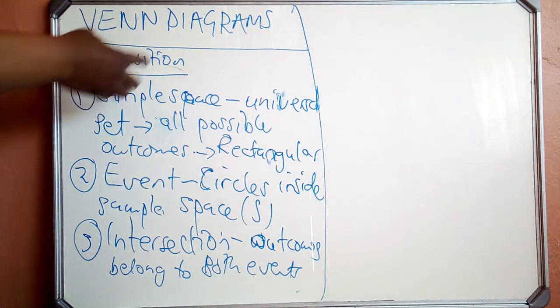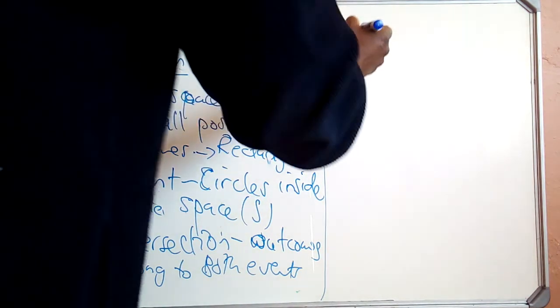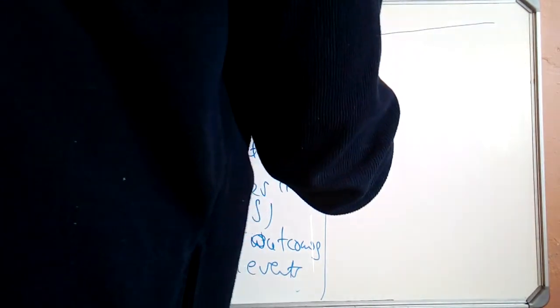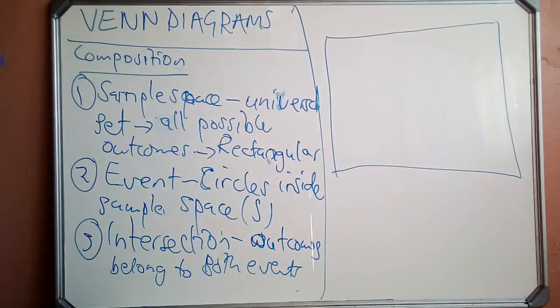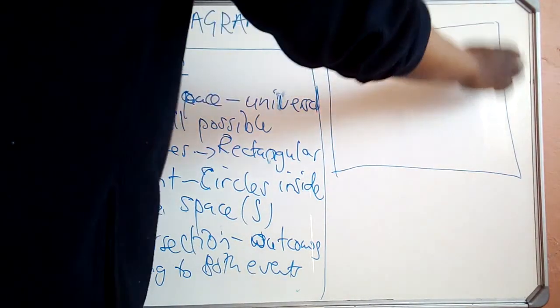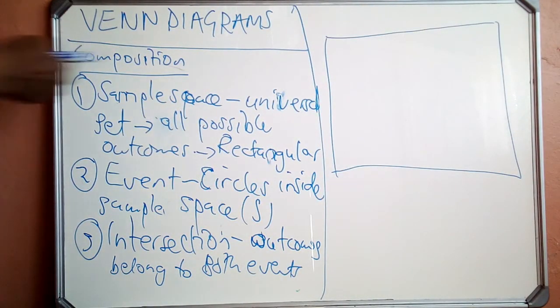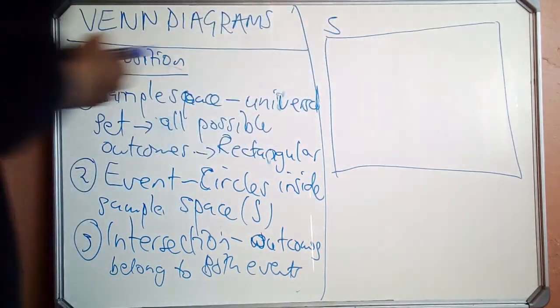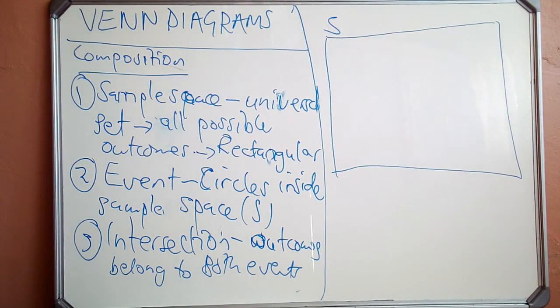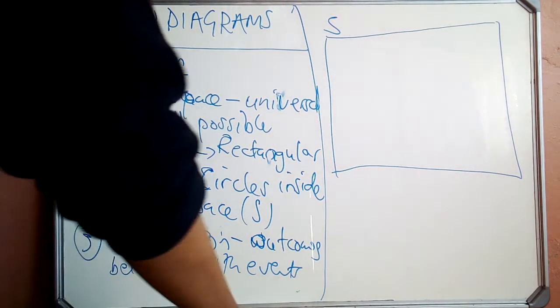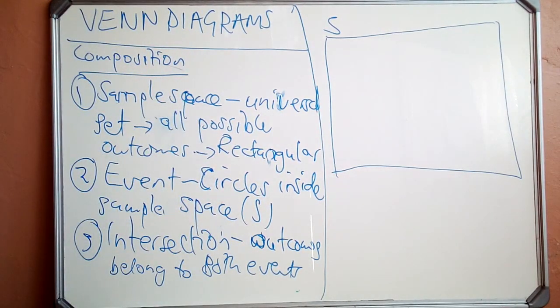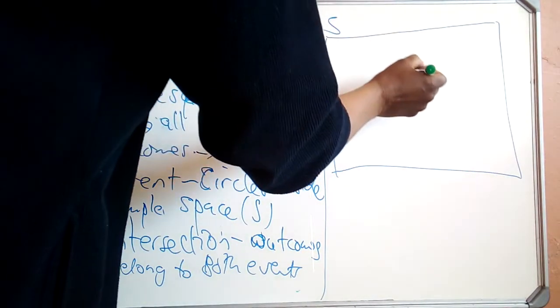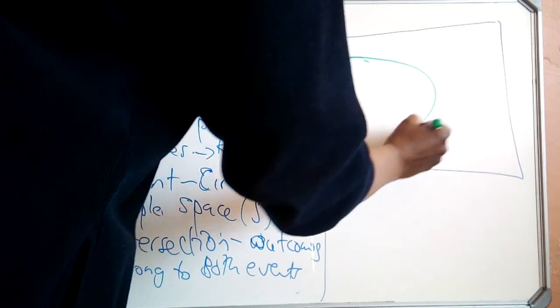Now let me show an example of this in the form of a diagram. Our Venn diagram will be in this format. This rectangular shape is called the sample space, so we label it as S. And then inside, we've got two events.